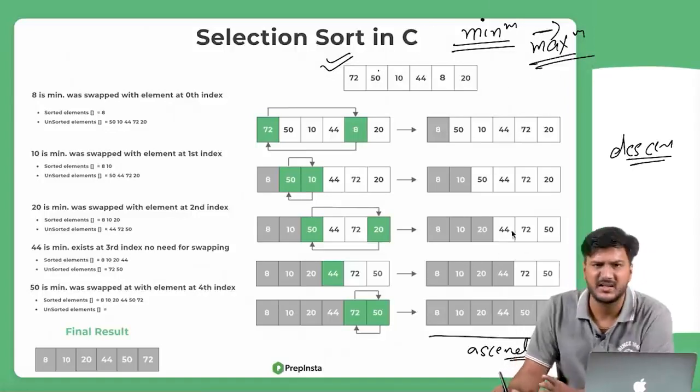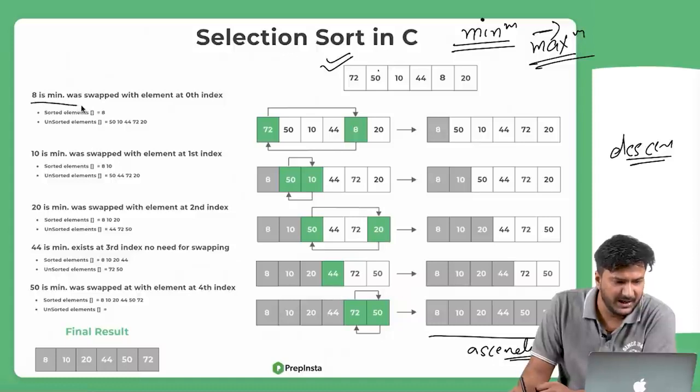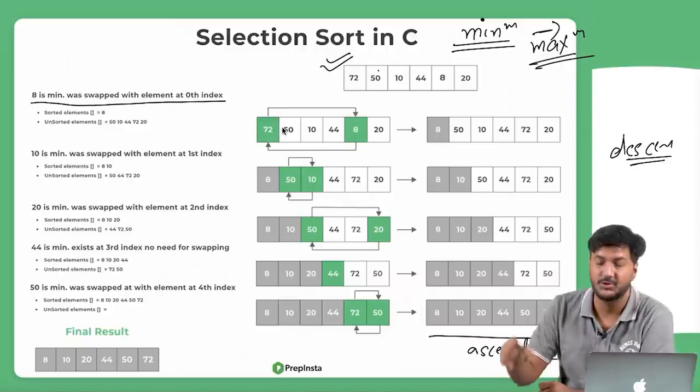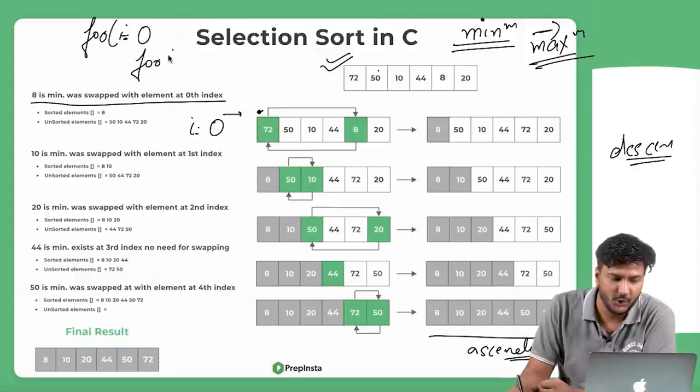So, let's understand with ascending order first, right? 8 is the minimum element, which is swapped with the 0th index. What exactly happens is, you start from the 0th index, so in this case our i value is 0. I will start my first for loop with i equal to 0, and in my second for loop, my j will start from i plus 1, right?